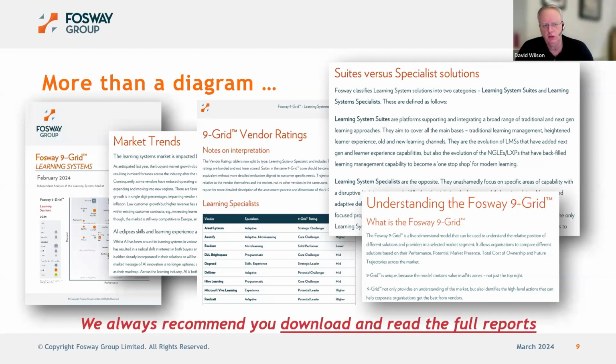These market trends have a big impact on the way we look at the ratings, and as I said, each year those are redone from scratch. So I'd strongly recommend that you read the trends, because it'll give you a sense of the context behind what we're talking about.